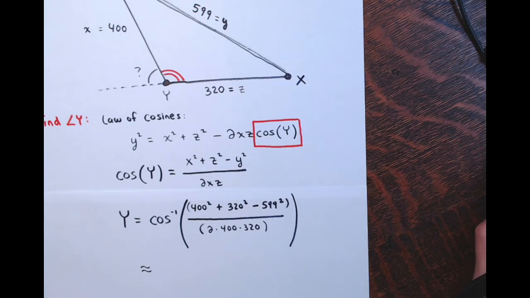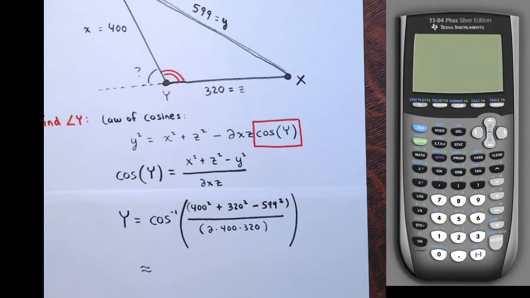So this approximately, now I'll pull the calculator up. Make sure I am in degree mode, which I am. And enter all this. We got the inverse cosine, and then my numerator in parentheses. We have 400 squared plus 320 squared minus 599 squared, and close that off, and then divided by, now this is all still inside the inverse cosine.